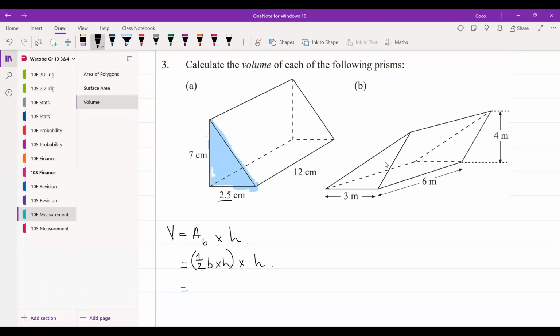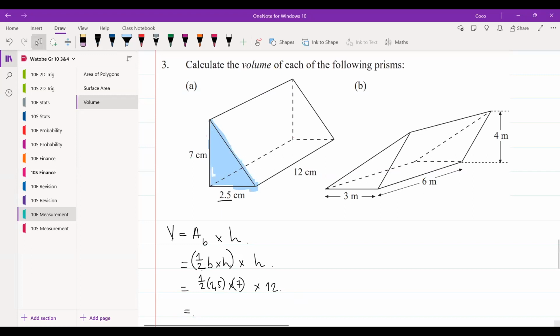So our base is 2.5 and our height for the triangle is 7. So we're going to go half of 2.5 times 7. We're going to multiply that by the height of the shape itself, which is 12 centimeters. What is the height of the whole prism? 12. Correct.